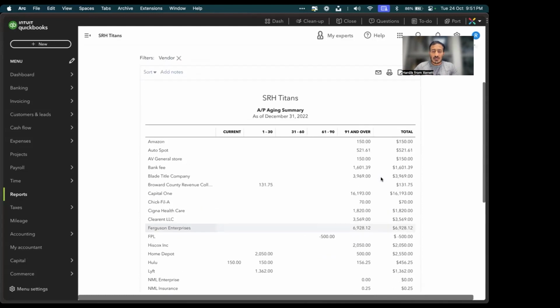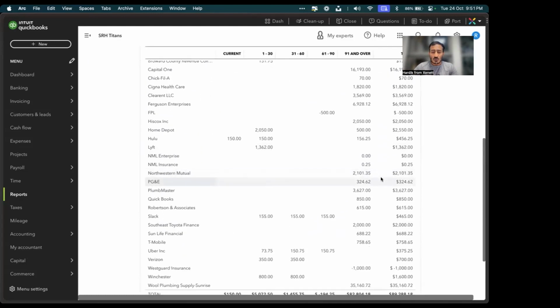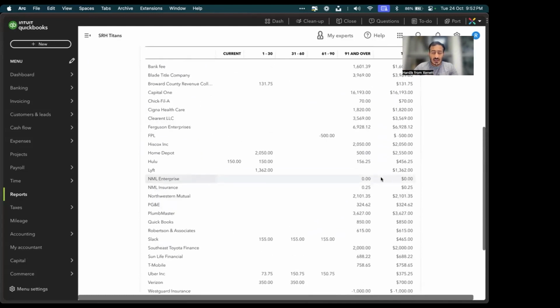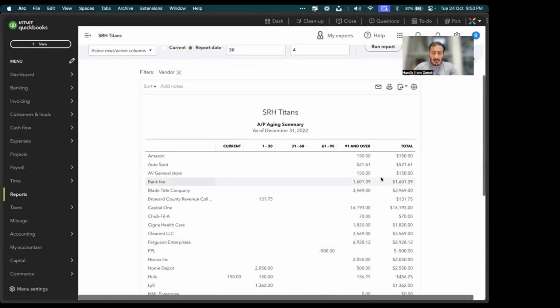All right. So these are some of the things that we check when we look at the aging summary. Now, if I talk about accounts receivable, it's more or less the same thing. For example, we look for customers with negligible balances, customers with negative balances, and customers where there are unapplied payments. Then we make sure that the invoices and the payments are applied accordingly.